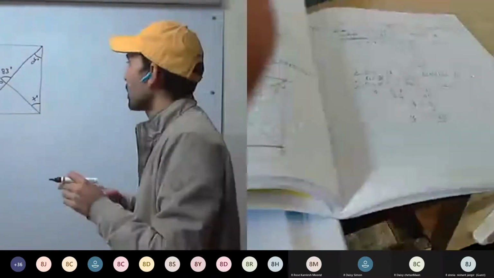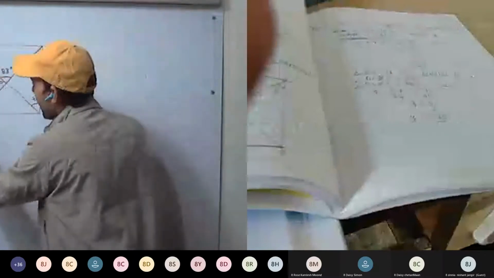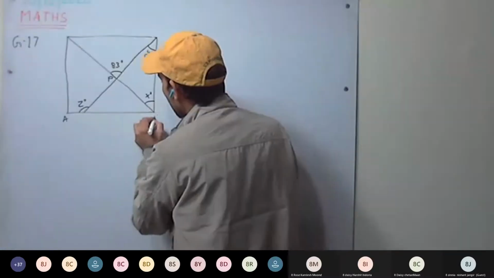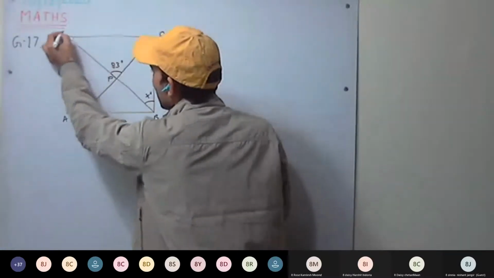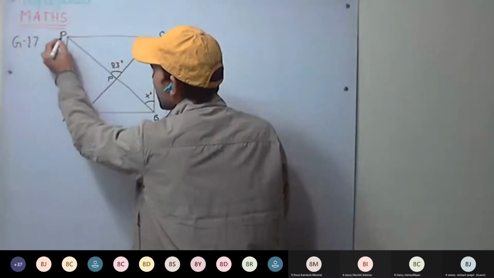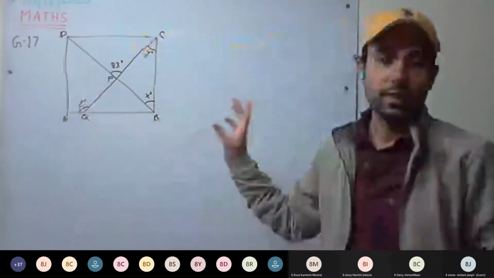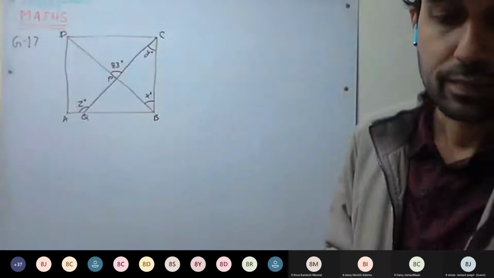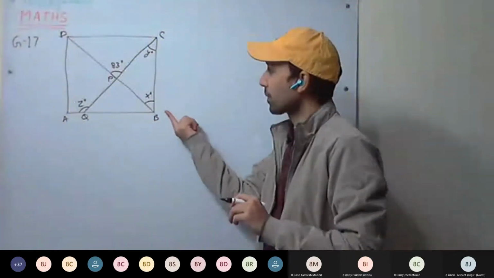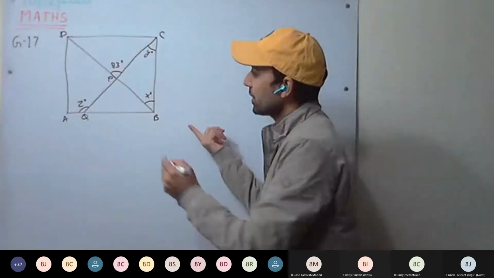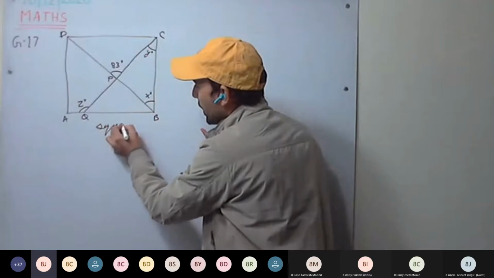Okay, sixth question. So this is A, B, C, D I mark, and here I mark Q. This is clear. Now first we have to find X. Can we find X? This figure is a square.